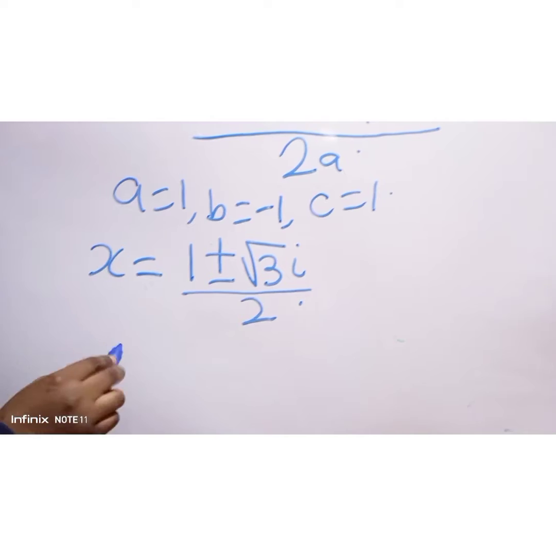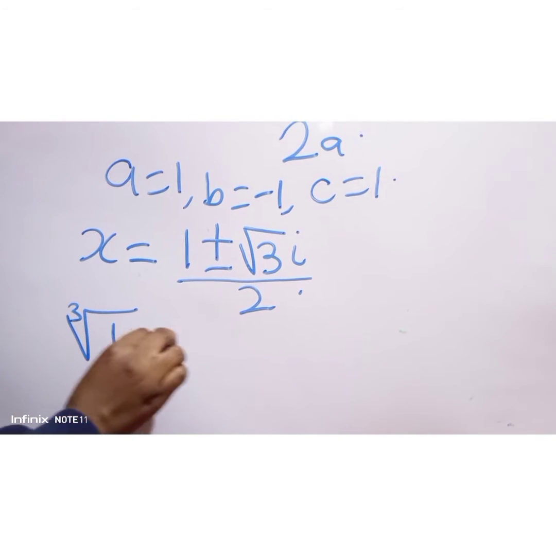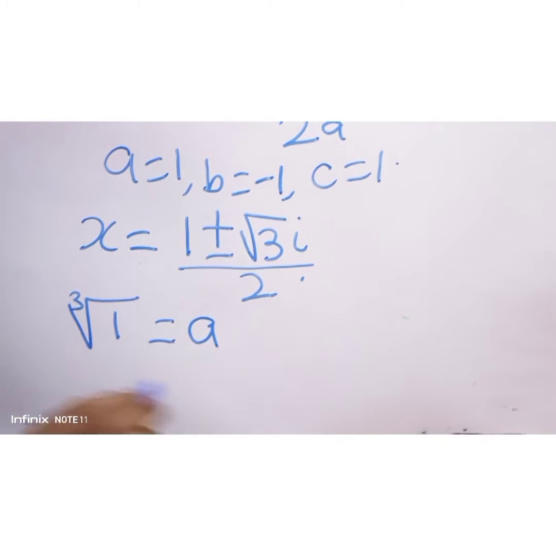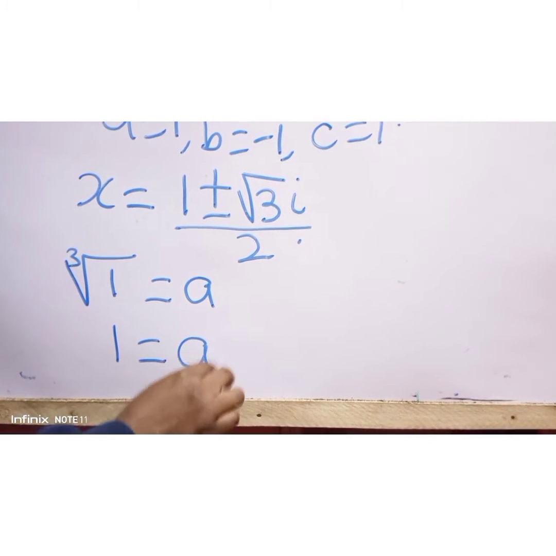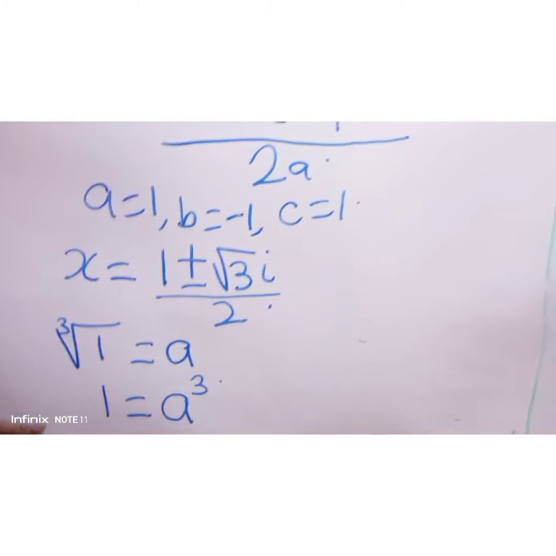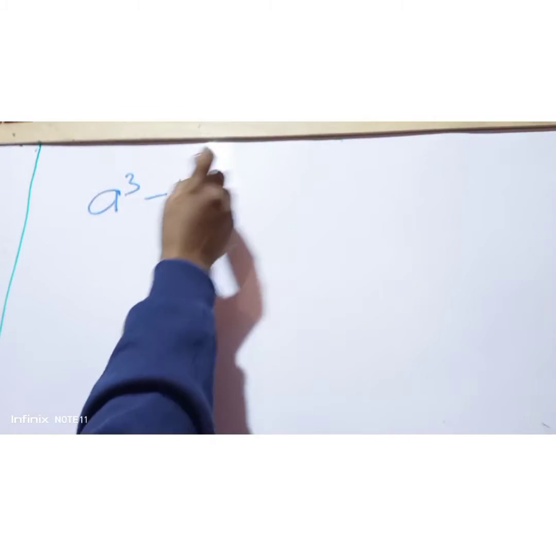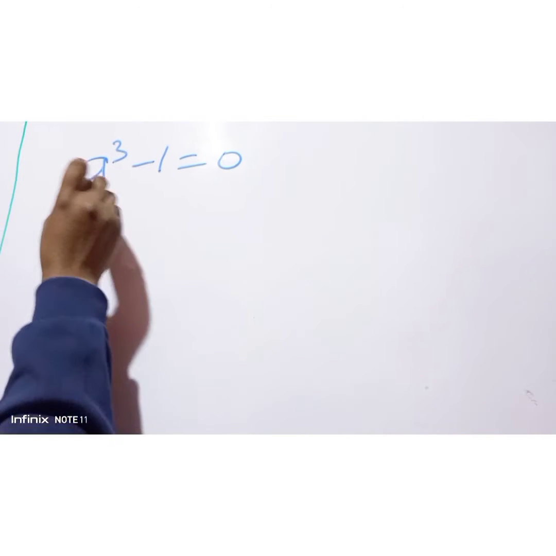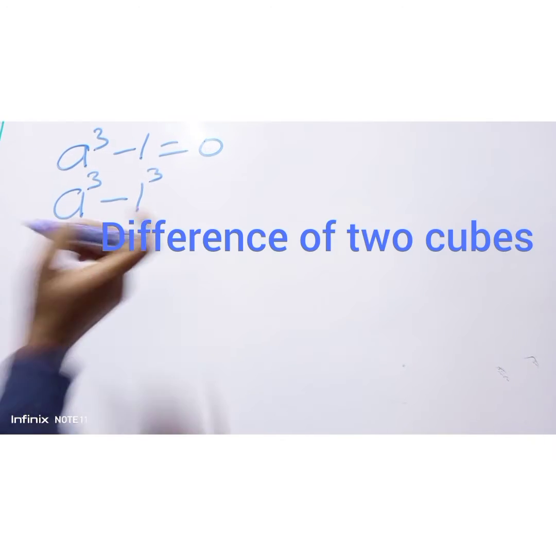If you want to find the cube root of unity, cube root of 1, and you equate it to a, you get 1 is equal to a cubed. So if you have here 1 is equal to a cubed, then you have a cubed minus 1 is equal to 0. And this is difference of 2 cubes, that is a cubed minus 1 cubed.